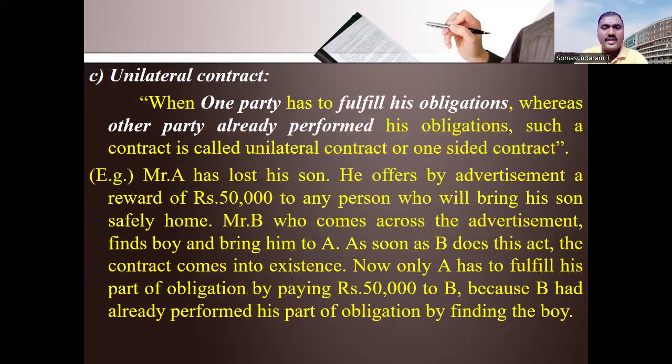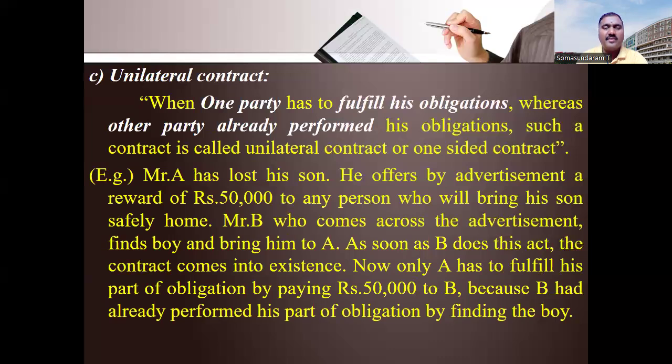The third one is called unilateral contract. Unilateral contract is where from one of the parties it has happened. Whatever from my side, I have completed my part, and the opponent party has to start his work or perform. For example, sir, he has lost his son, and he said that the person who finds my son will be rewarded this much rupees.